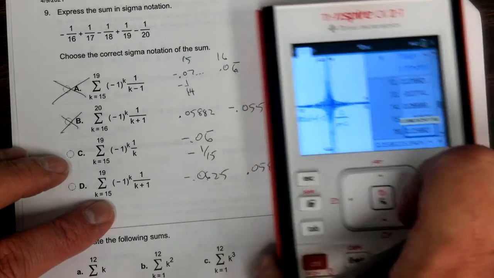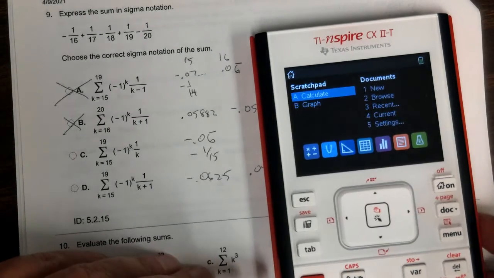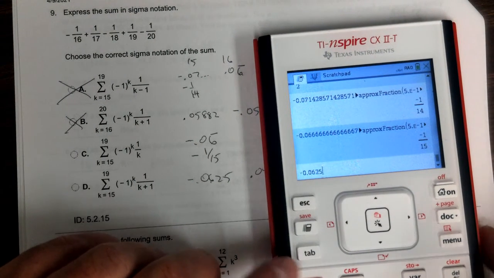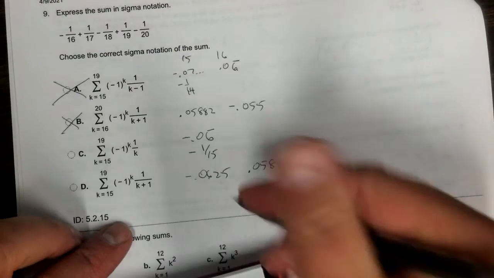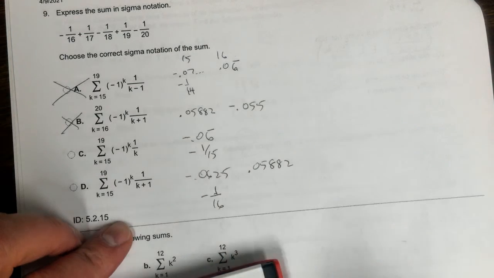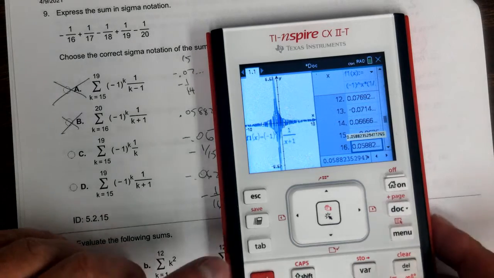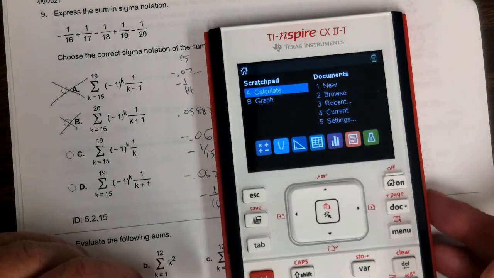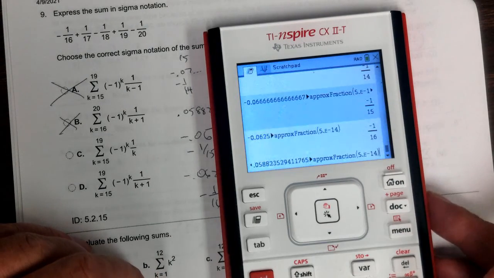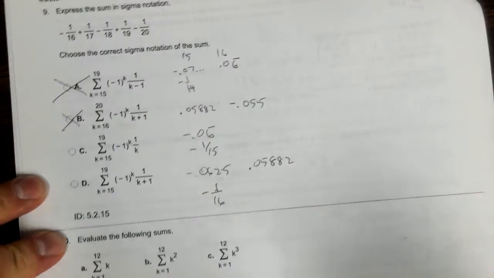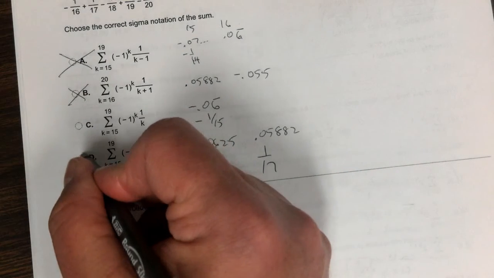Okay, so copy and paste. It's negative 1/16. And again, if I go to my table, copy this one and paste it. That's positive 1/17. And so that means we're on the right pattern, so that's going to be the right one.